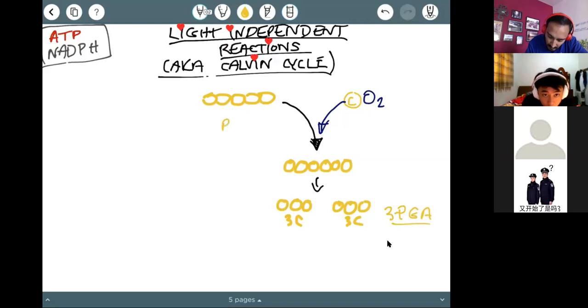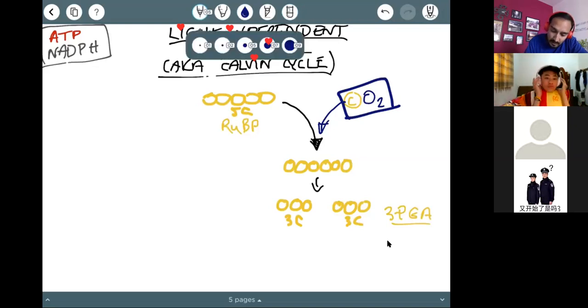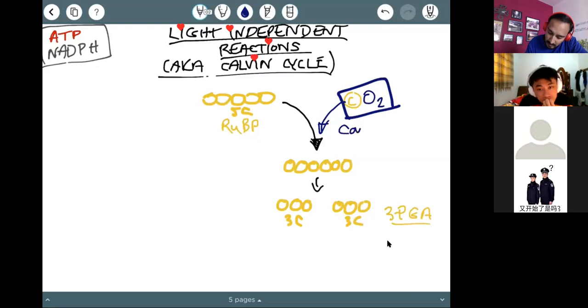RuBP. Okay. Now, before we go too far, we should name this process. When you take this CO2 and you add it to the RuBP, that's a process called carbon fixation.